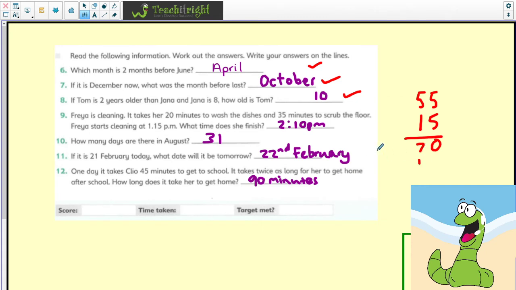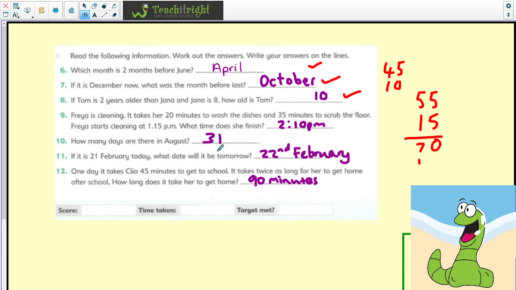Now 70 minutes is equivalent to an hour and 10 minutes. So it starts at 1:15, and if we add 45, that will take me very nicely to 2 o'clock. And then we've got another 10. So perfect, we know it's going to be 10 past 2.